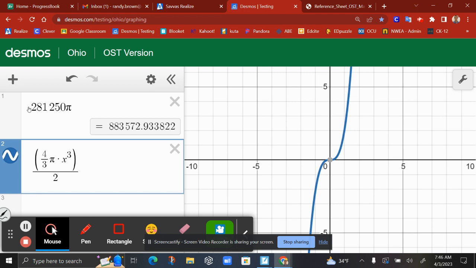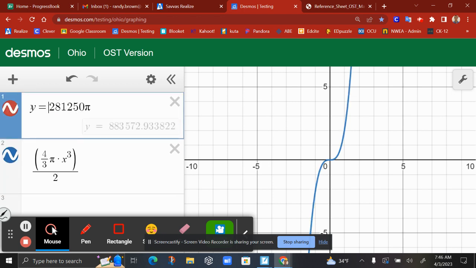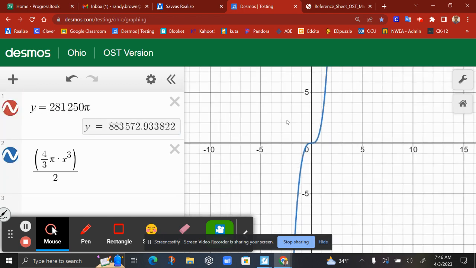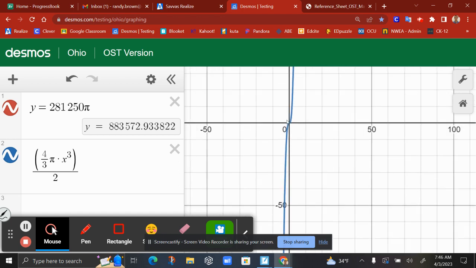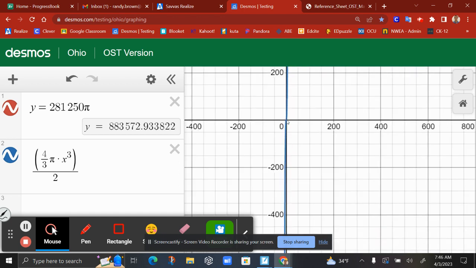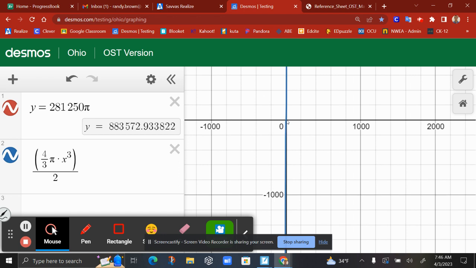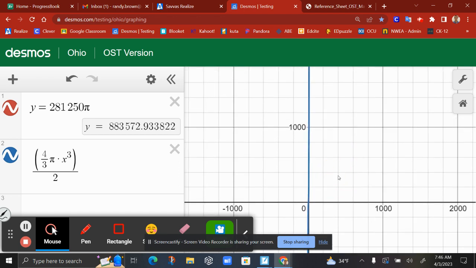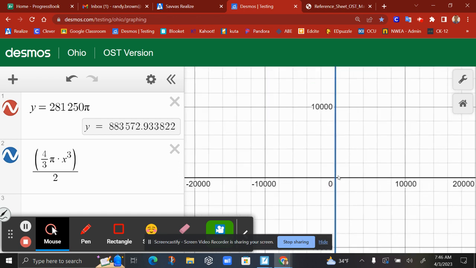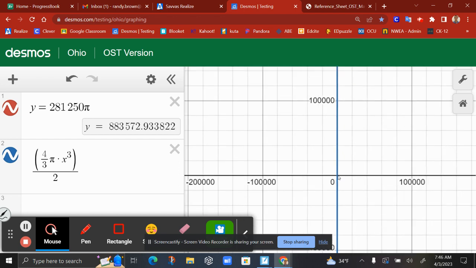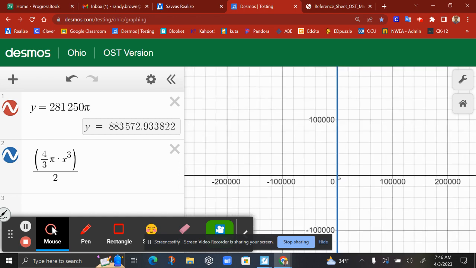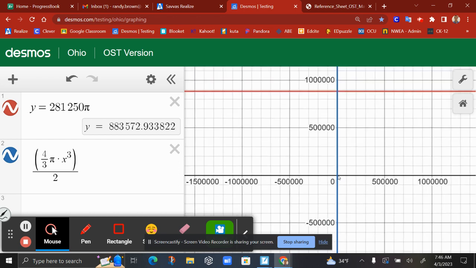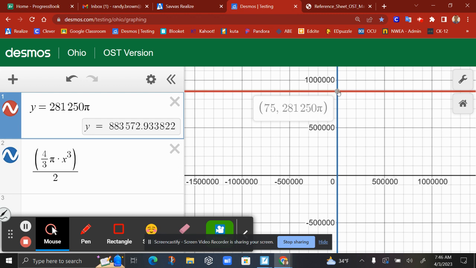Now this one didn't graph anything, so remember it's just a number, so y equals. Now I can zoom out until I see, and I'm about to zoom out for a long while because that 281,000 pi, I need to go to 281. And there is what we want. So 75. So make sure when you do this, you can see sometimes it looks like 0.